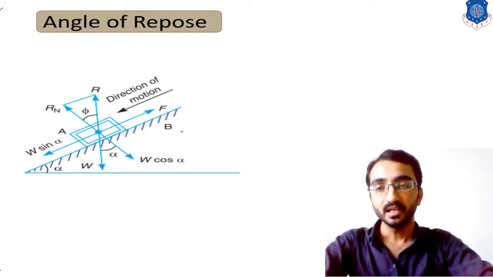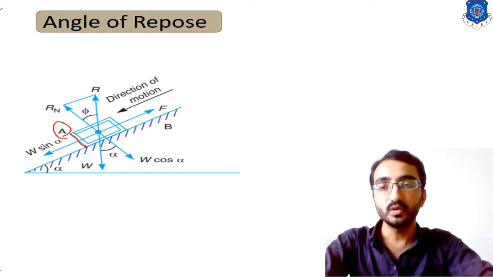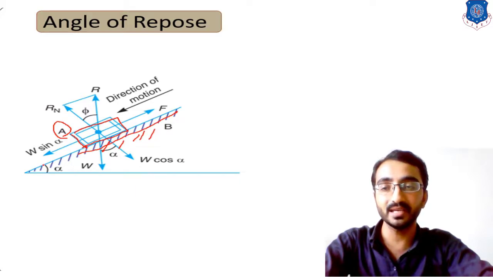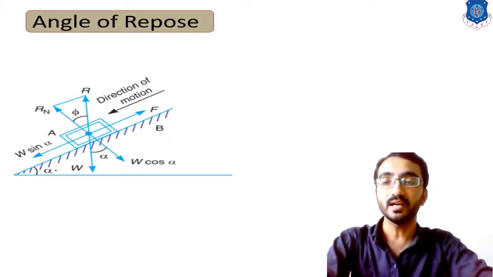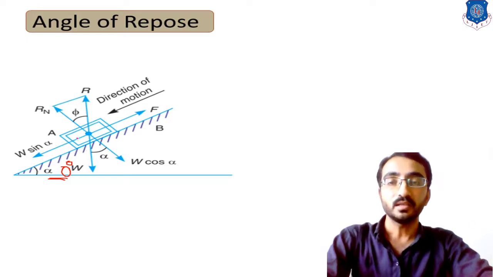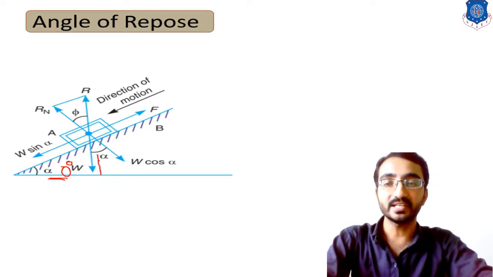In this diagram, you can see body A resting on an inclined surface, and this inclined surface is making an angle alpha. Suppose that initially it is in horizontal condition, in which case the angle will be 0 degrees. In that case the body will be in a steady state.